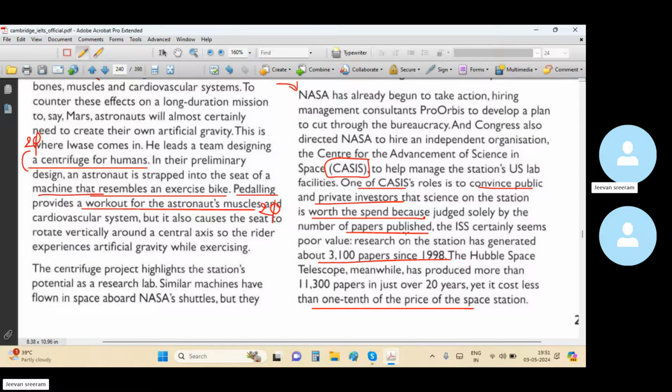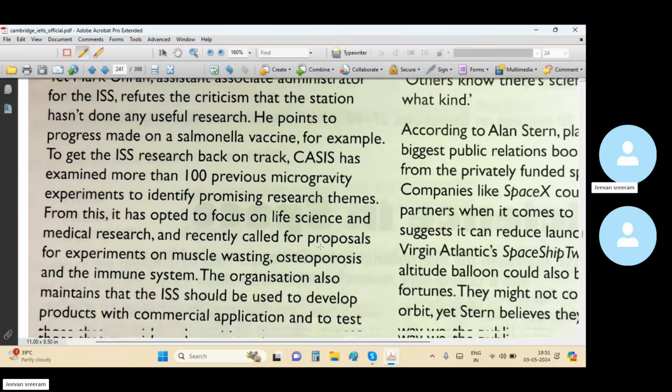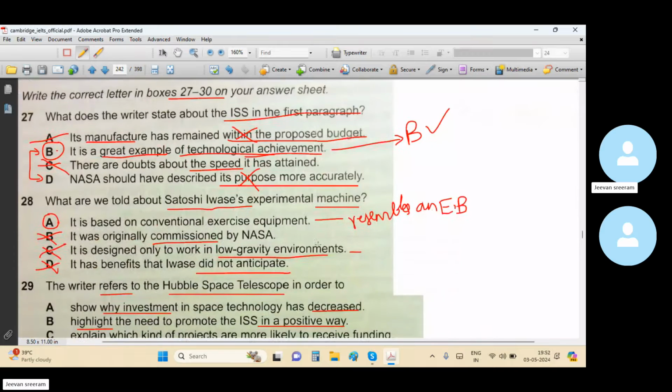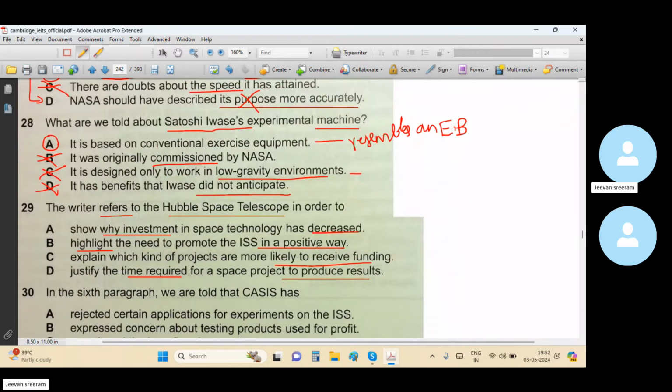For that, CASIS has to showcase ISS in a positive note for the investors. So CASIS must showcase ISS in a positive note. That's their responsibility, right?